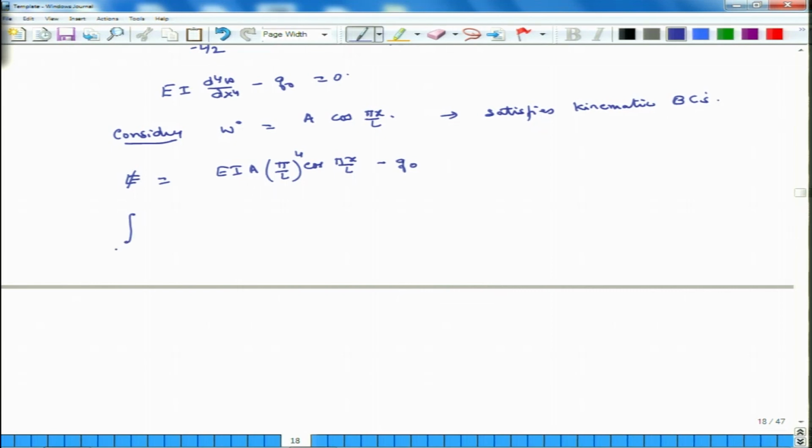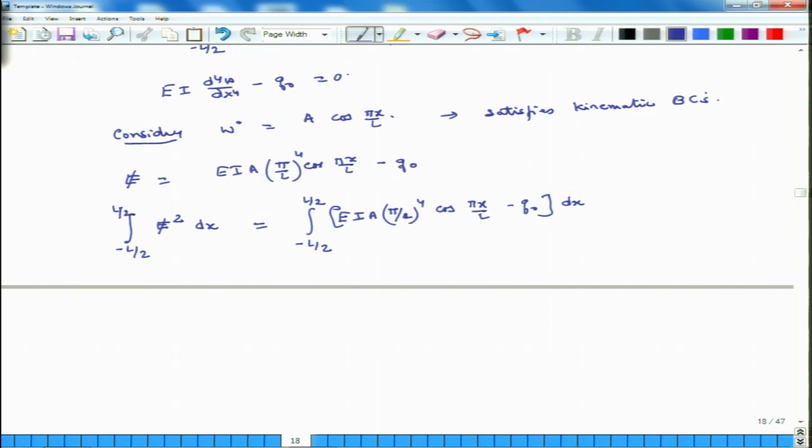So, from minus L over 2 to L over 2, the error is EI A (pi over L) to the power of 4 cosine pi x over L minus q naught, squared, dx.